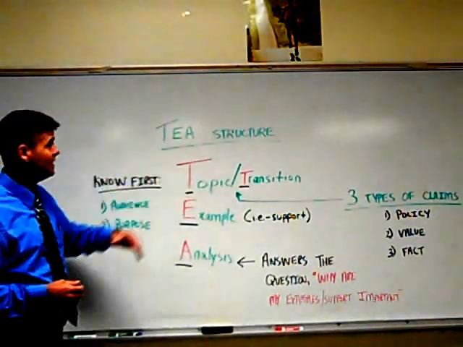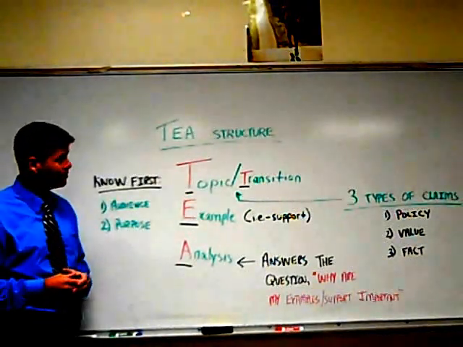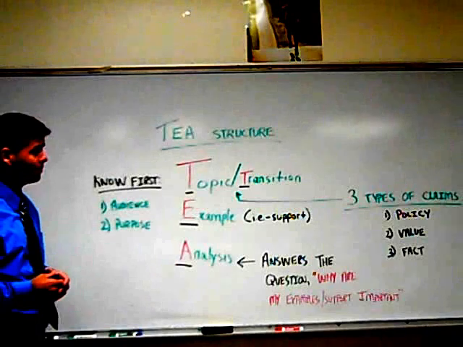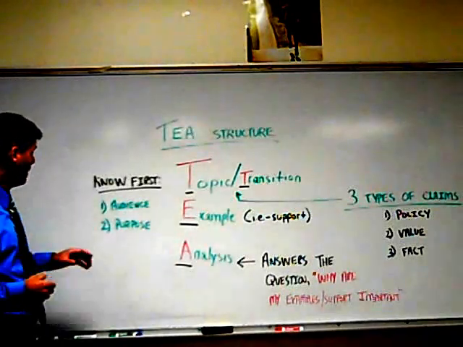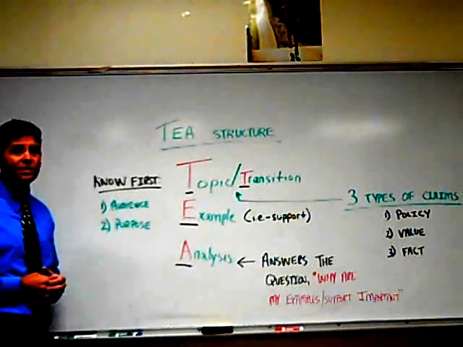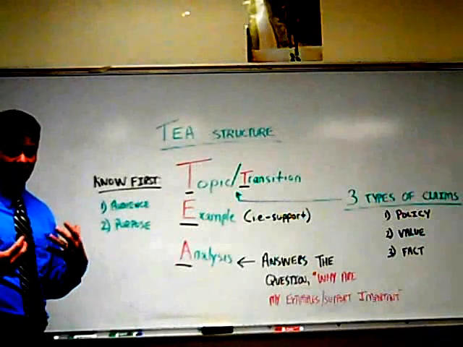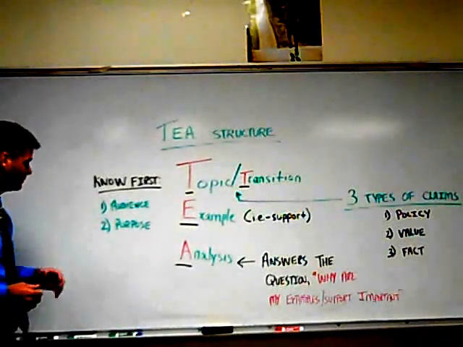Before I get into the TEA structure itself and how we approach writing using this particular method, whether that's an argument or a persuasive piece, I just want to touch briefly upon these 2 things, audience and purpose, and the relationship that those 2 things have as a writer and why you need to know that.